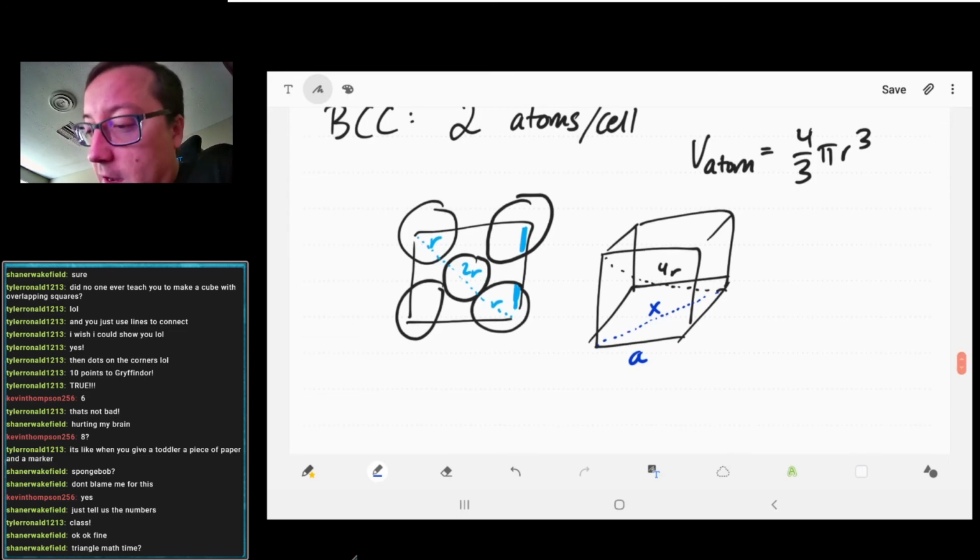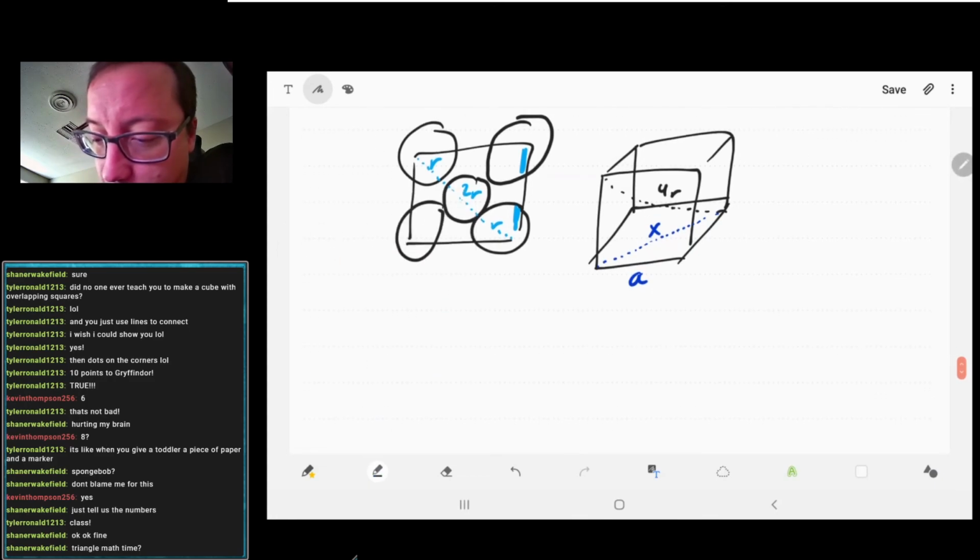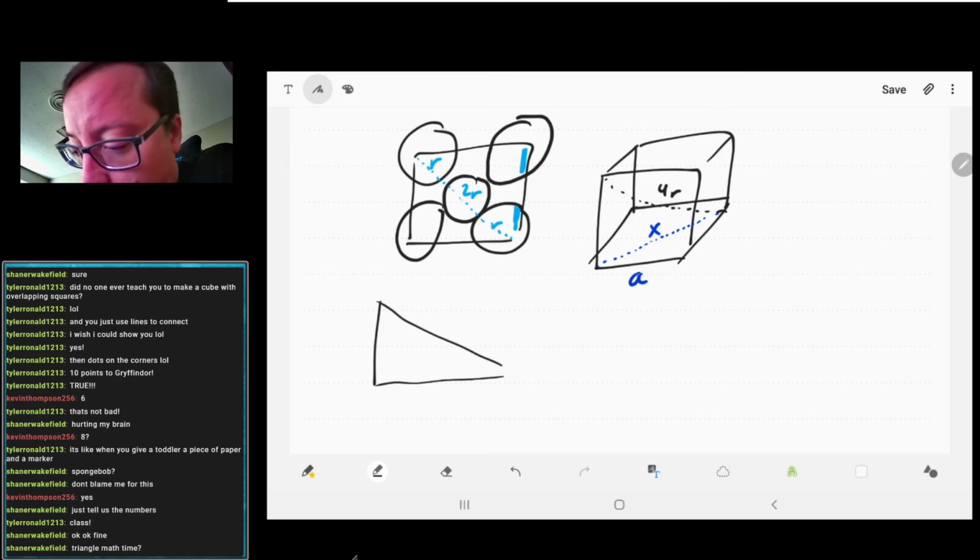This triangle here that I've drawn is just a triangle.